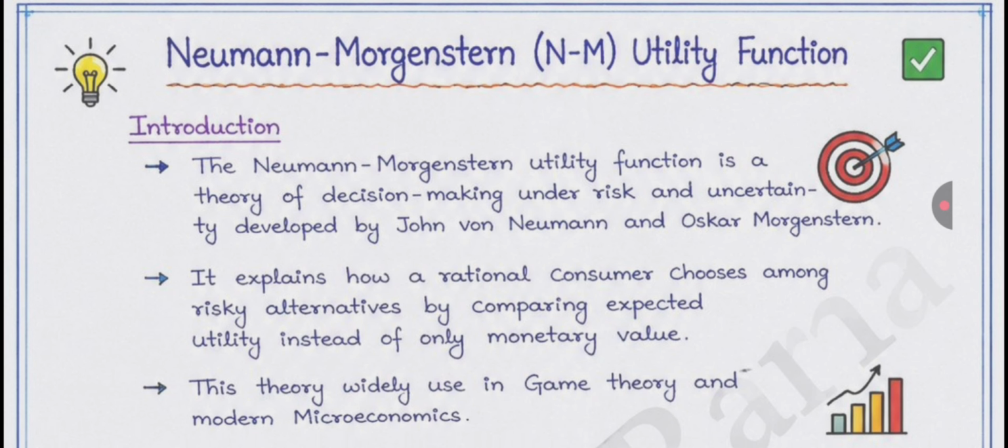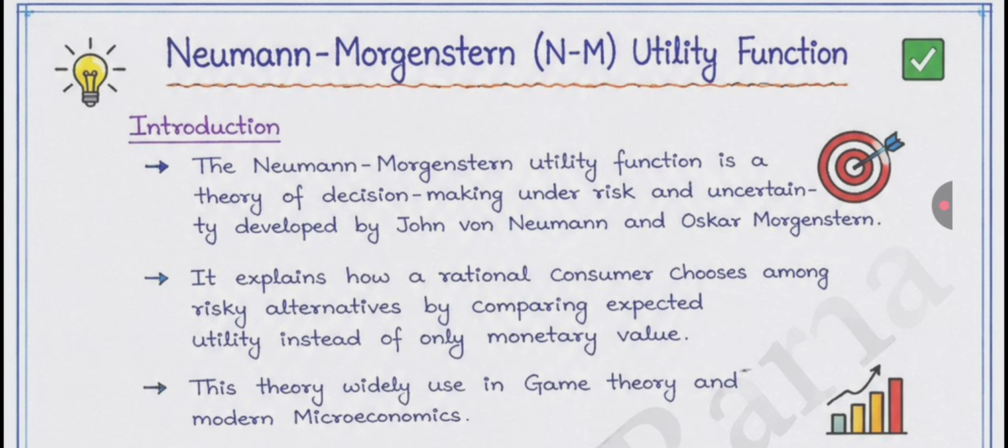In this slide, we will study clearly and in detail everything about the Neumann Morgenstern utility function, which is one of the most important theories in economics for understanding decisions under risk and uncertainty. As you all know, this theory was developed by John von Neumann and Oscar Morgenstern.